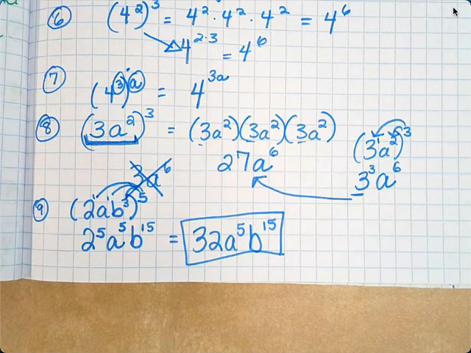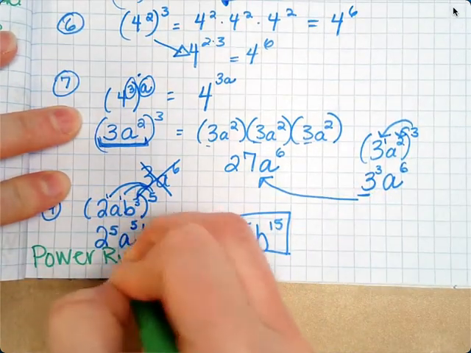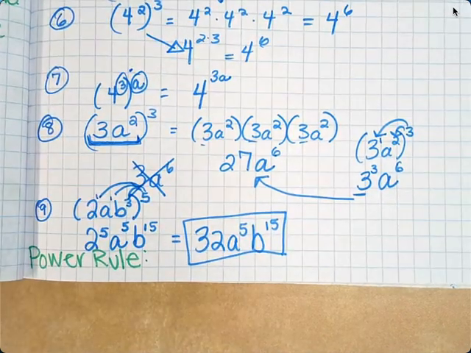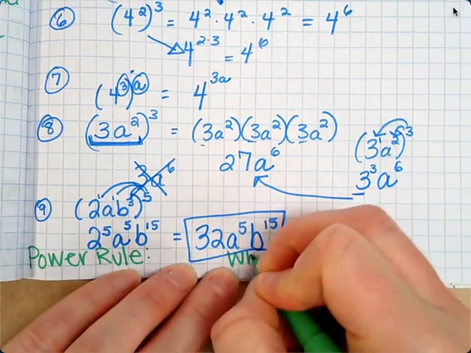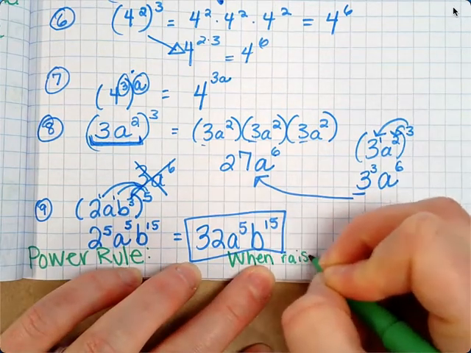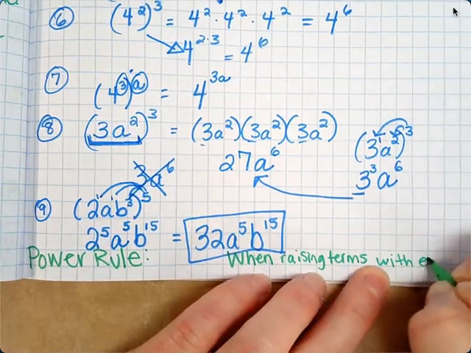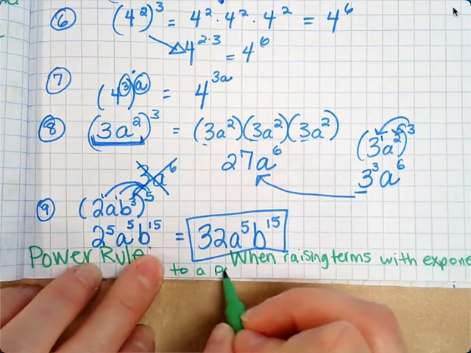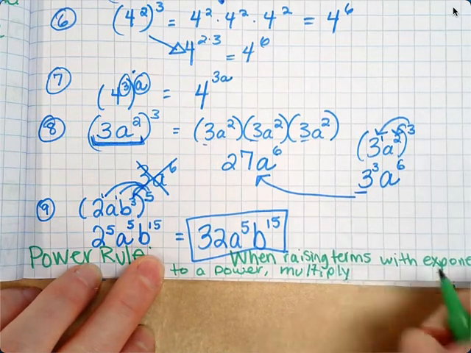All right, that's our last example. Let's write the rule down at the bottom. This is called the power rule. So this is when raising terms with exponents to a power, multiply the exponents.